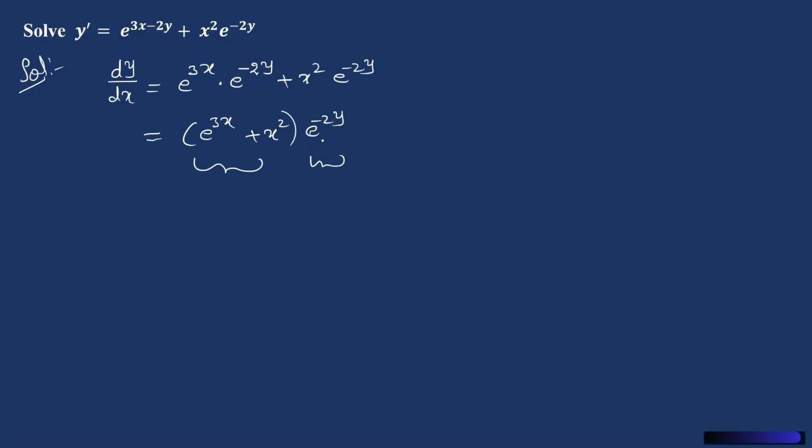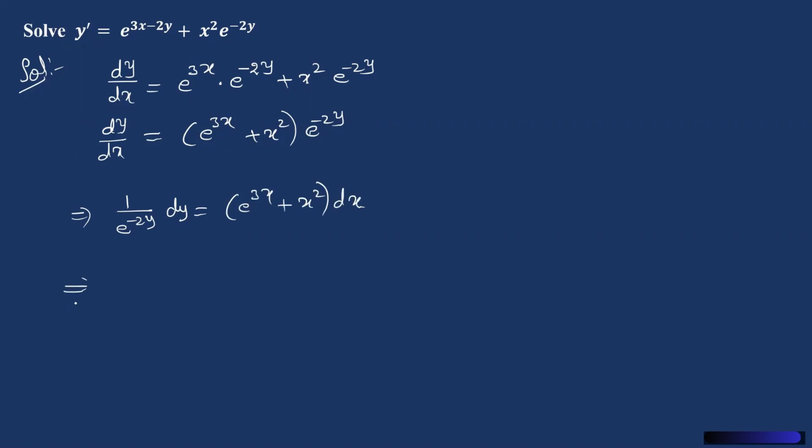Since they are in product and individually they are functions of two different variables, we can use the variable separable method. Again, you have dy in the numerator here, so I'm bringing all functions of y to the left hand side. So it becomes 1 by e to the power of minus 2y into dy is equal to e power 3x plus x square into dx.